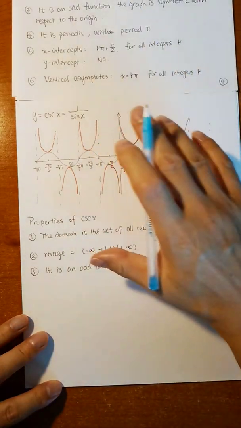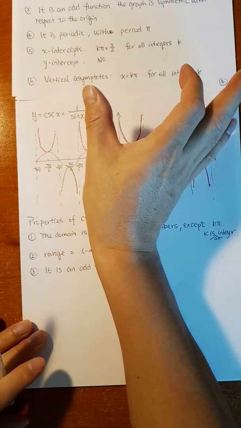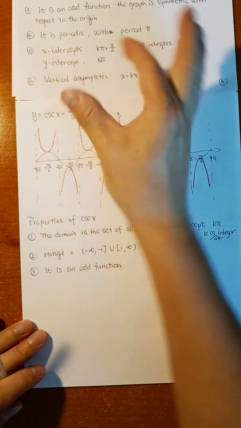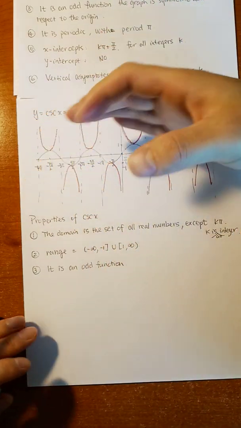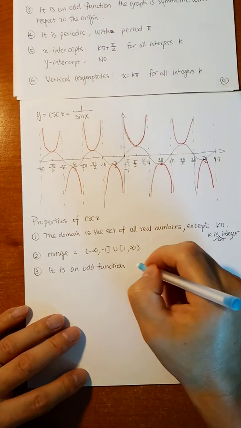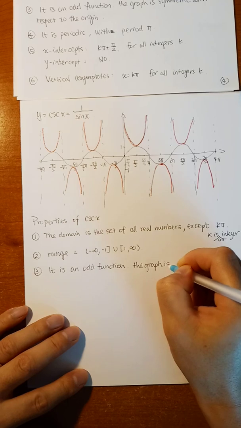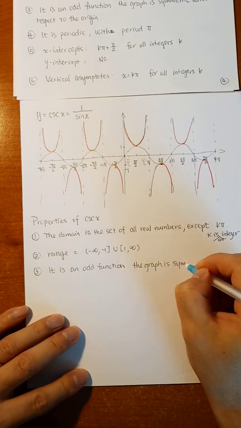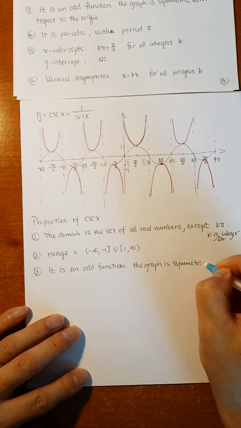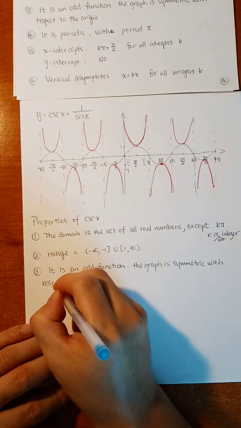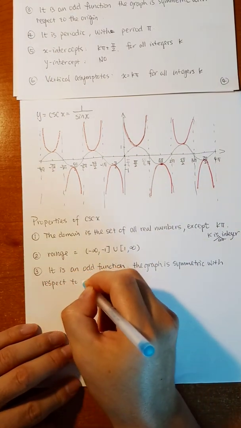The graph is symmetric with respect to the origin. So you have this curve, you rotate pi radians, it opens down, right? The graph is symmetric with respect to the origin.